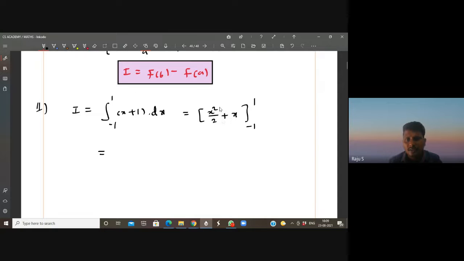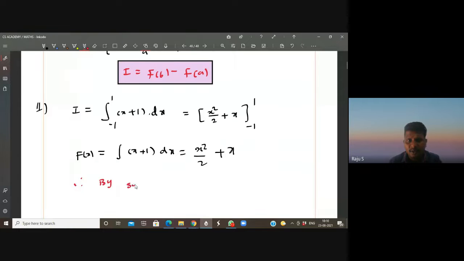Now this is the F of x. Otherwise, in NCERT, if you want to write the steps, you may write like this: capital F of x is equal to the integral of (x plus 1) dx, which is clearly x square by 2 plus x. After that, I is equal to, therefore by the second fundamental theorem of calculus.